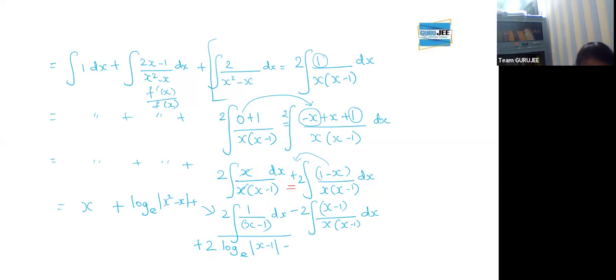2 log e mod x minus 1 minus இங்க now x minus 1 cancel out. You will have the same thing 1 by x dx.